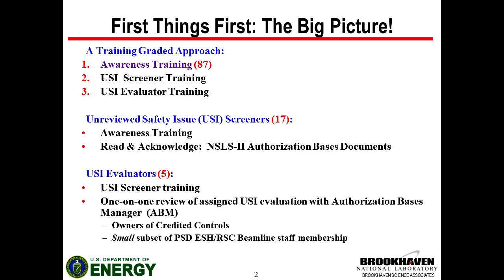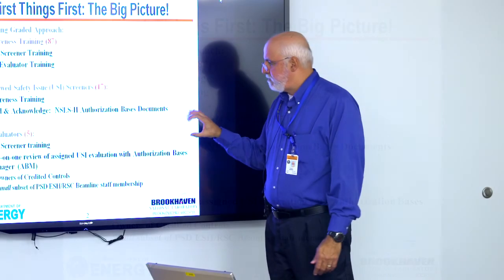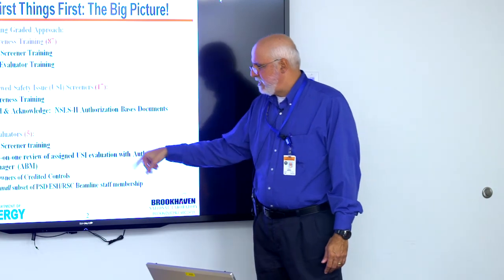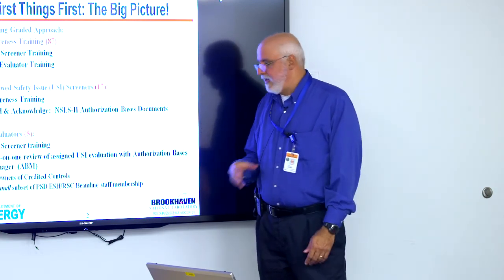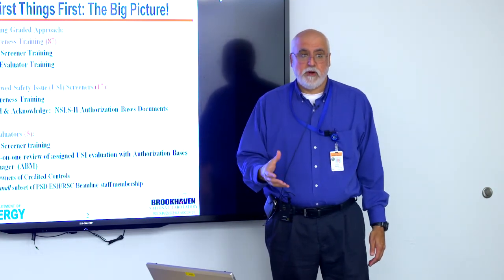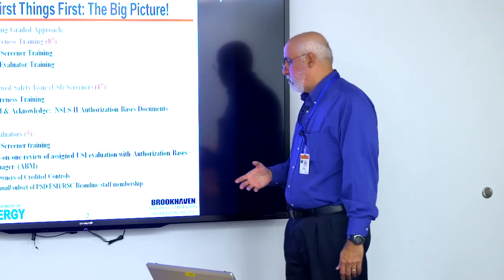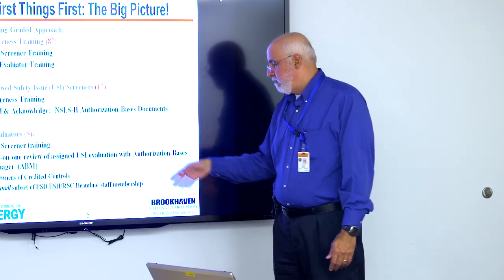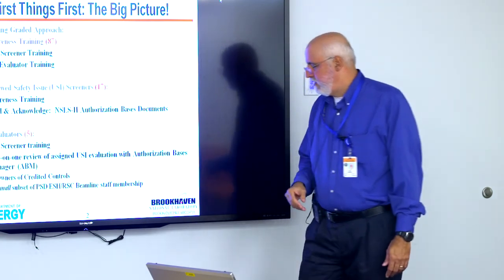Then, to become an evaluator, you would sit down with Steve Moss, and he would really run you through the paces and fine-tune you, and you'd become an evaluator. Right now, those 5 evaluators reside within these spaces. Some of them own credited controls, which we're going to talk about and define what a credited control is. And also some of them come from these areas of ESH.